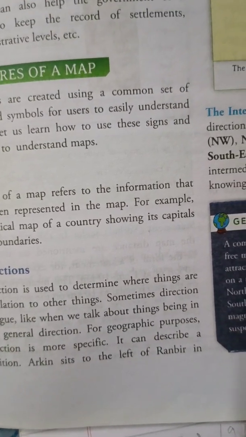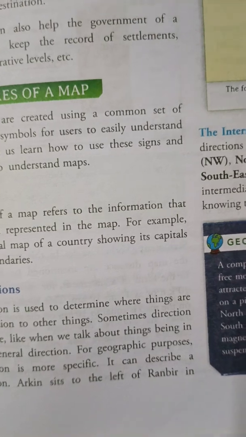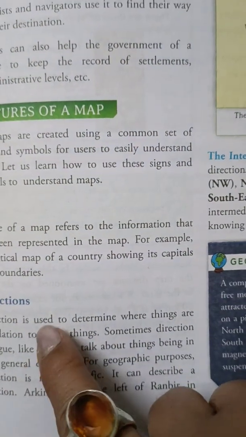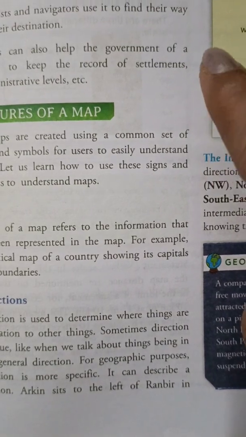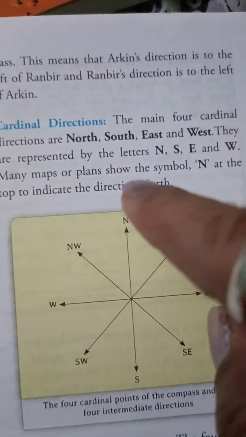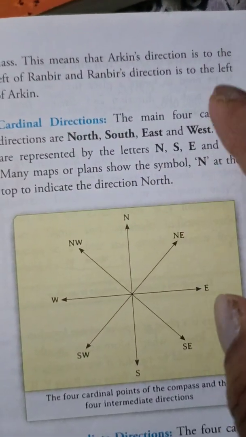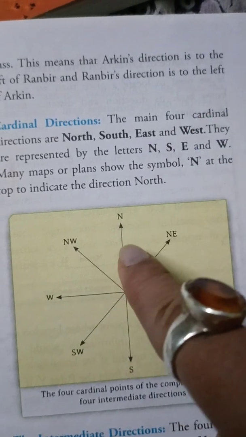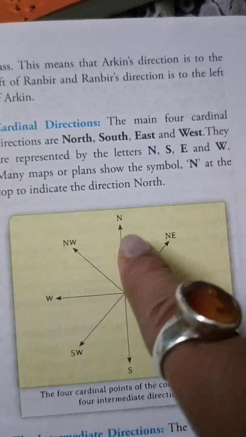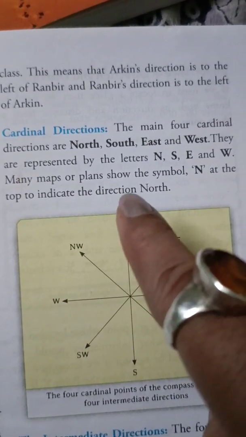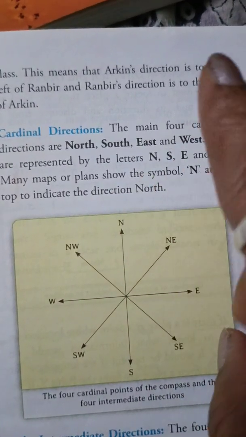It helps us to know the direction of any place. Cardinal directions: there are four directions. That is east, west, north, south. They are represented with NSEW.